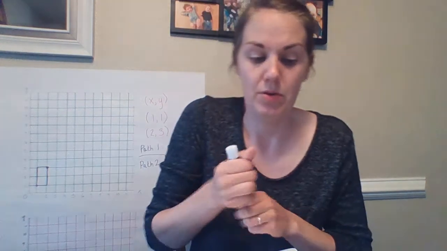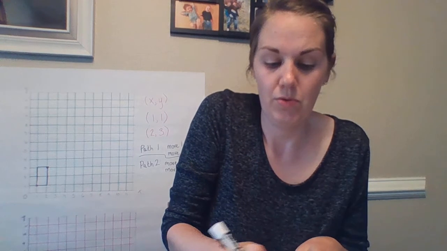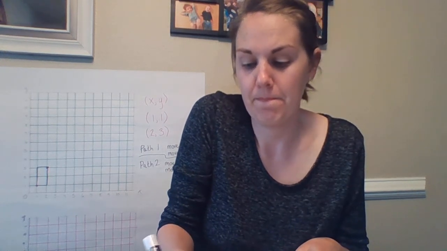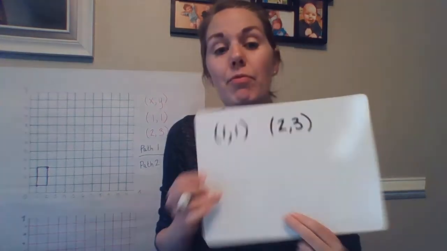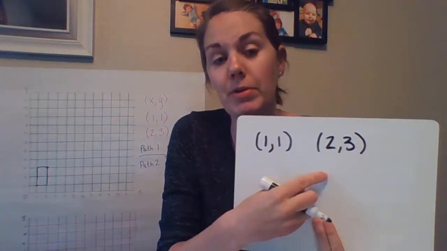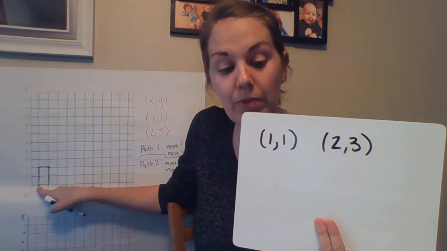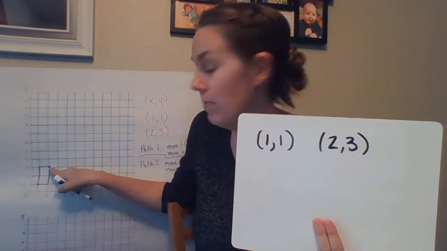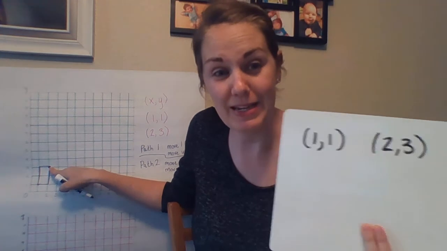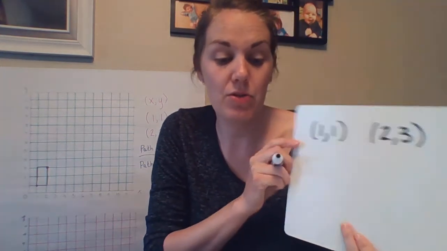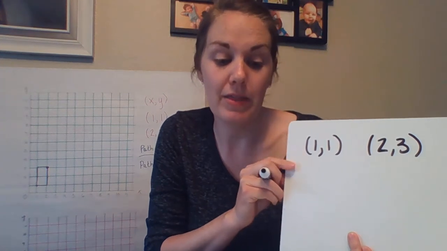So we have 2 ordered pairs, 1, 1 and 2, 3, representing the first point where ring toss is and the second point where face painting is.